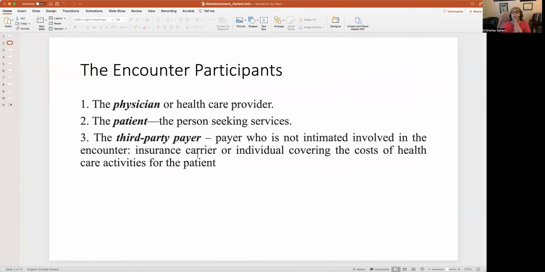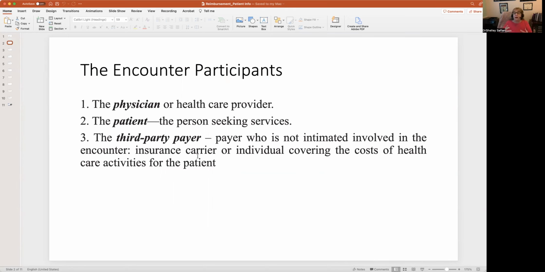First, to clarify, I know that you probably have heard the term third-party payer, and that is a generic categorization. The reason we talk about the third-party payer is that the first person is the physician, and the second person is the patient.